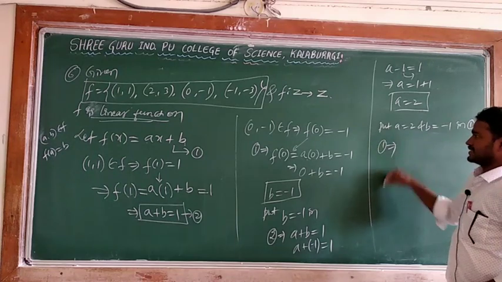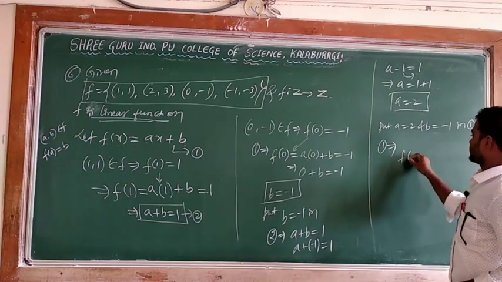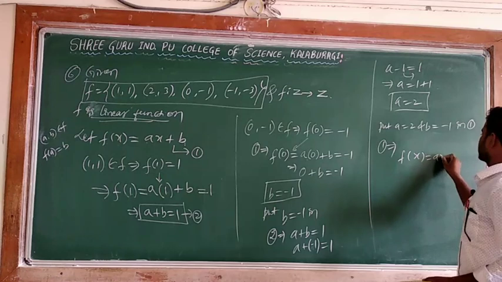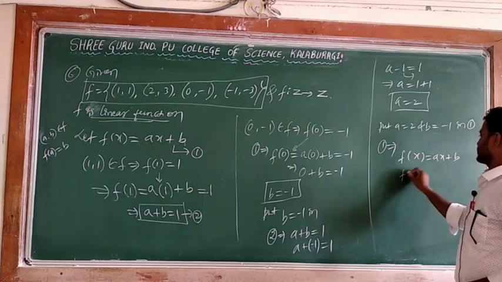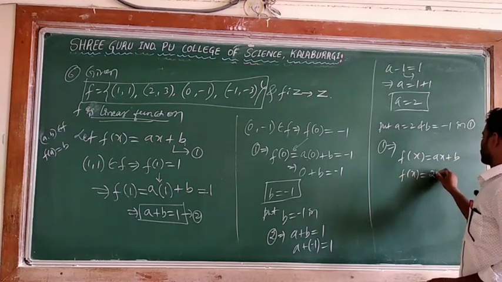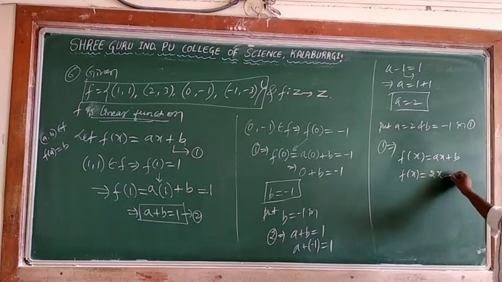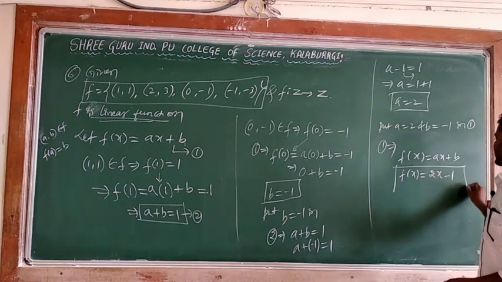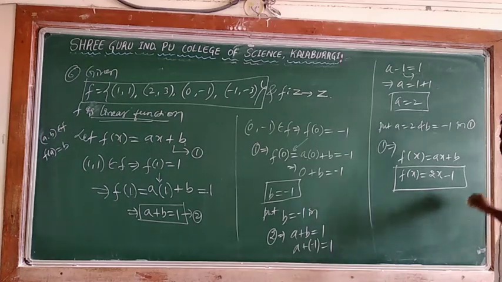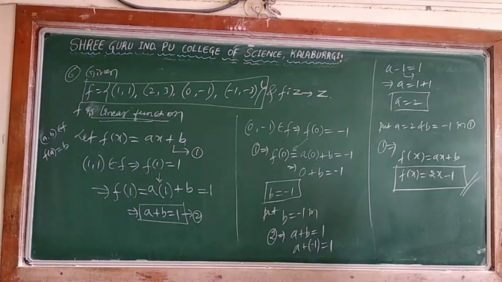Equation 1 is f of x equals ax plus b, so f of x is 2 into x plus b, and b is -1. This is the required f of x: 2x minus 1. This is the last problem, the sixth one.